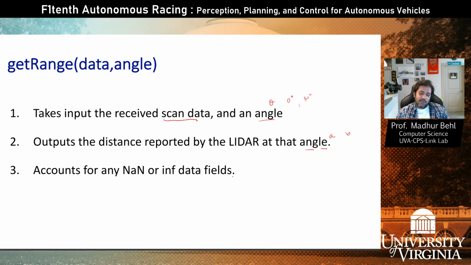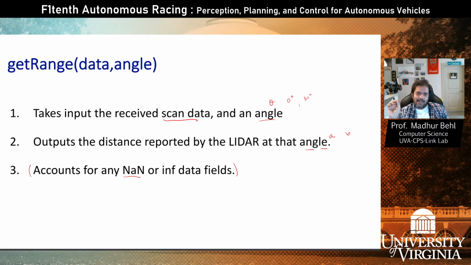The thing you have to also account for is sometimes you may pass some angle and there is not good data available. So you have to account for any extremities or missing values in your data field for certain angles. So this getRange function has to be able to deal with any scan data that is received. Okay, so that's the idea behind distance finder.